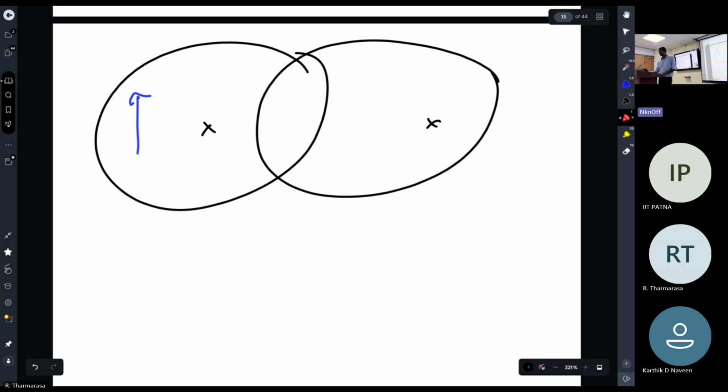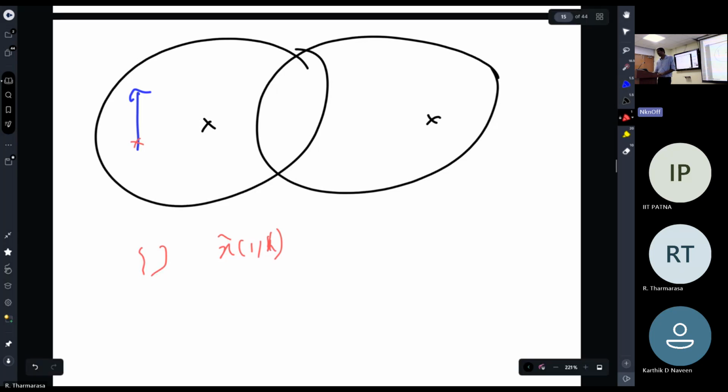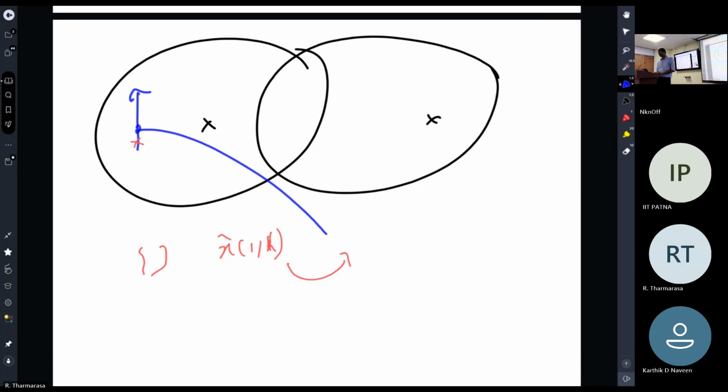Now, so initially, the central one is empty. Whenever this gives an update, we have X at 1 and 1. When you go to the next time step, you are going to get this blue one again. So I will repeat that.